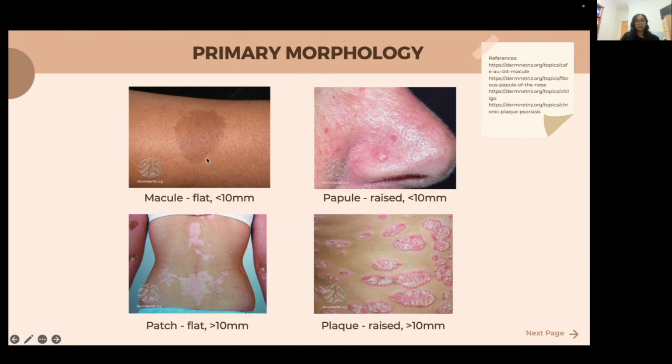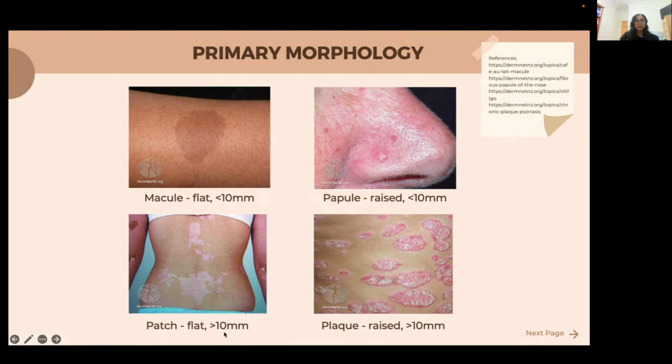So like here, we can tell it's not raised, it's small, that's a macule. However, if it's small, but it's raised, so it's palpable, then we would describe that as a papule. So the difference between macule and papule is whether it's palpable or not.